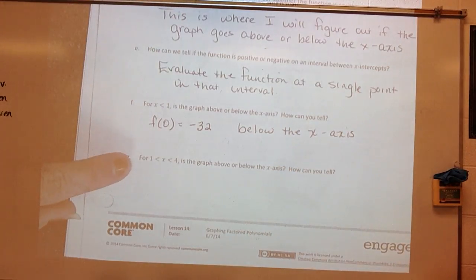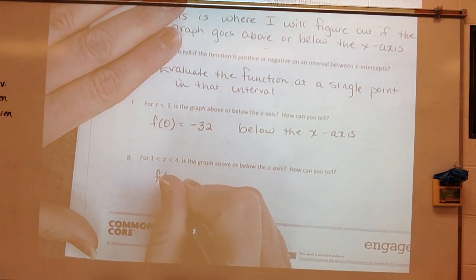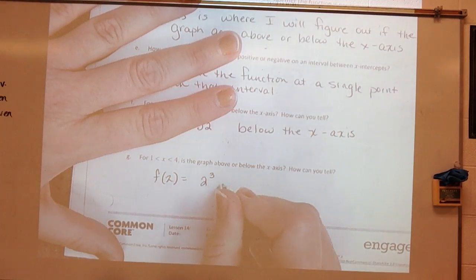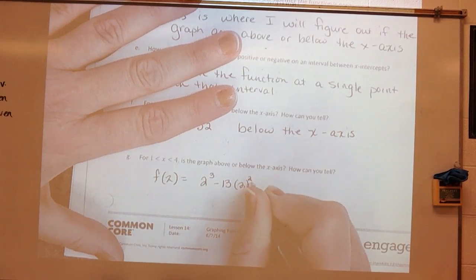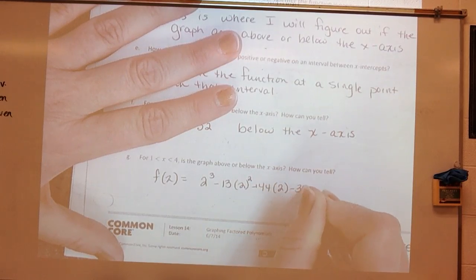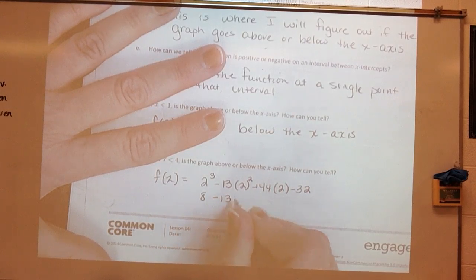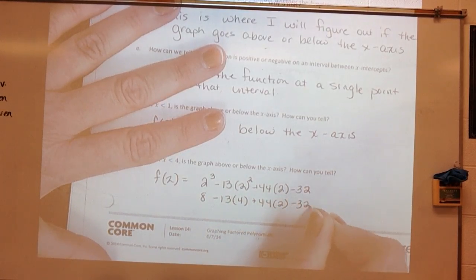All right? So for 1 is less than x is less than 4, let's do f of 2. I'm going to plug 2 in, so I get 2 cubed minus 13 times 2 squared plus 44 times 2 minus 32. 2 cubed is 8, minus 13 times 4, plus 44 times 2, minus 32.